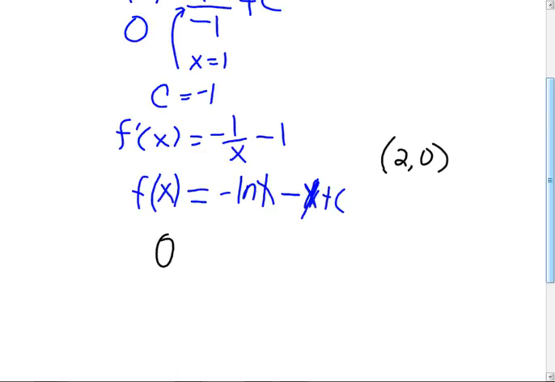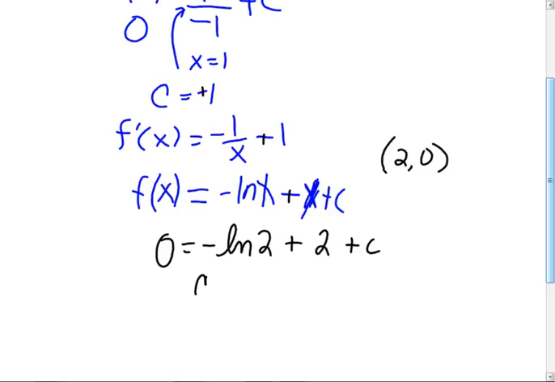So 0 equals negative log of 2. That's fine, right? What does this say? Why is this minus? It should be plus. No, I wrote it down wrong. It's my fault. Plus x, which is 2.